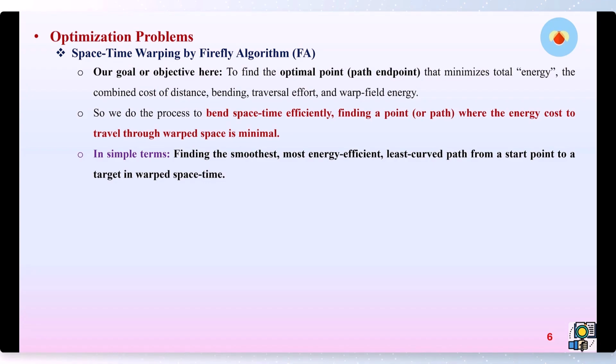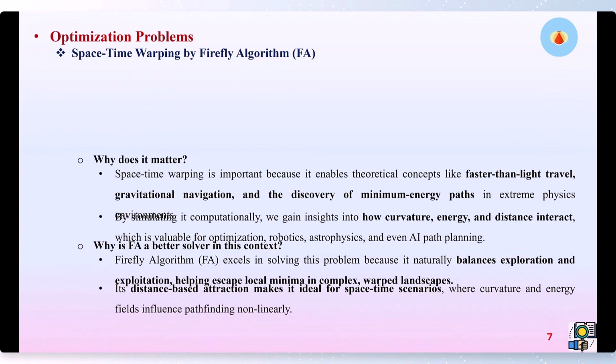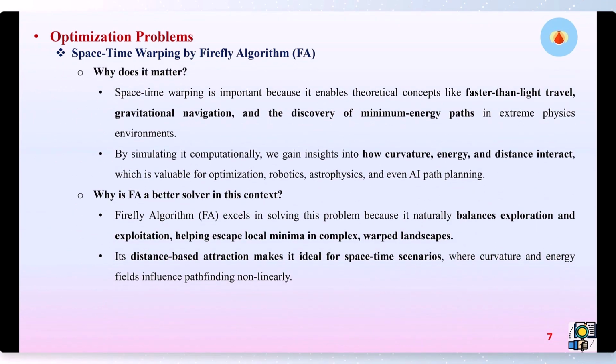So we do the process to bend space-time efficiently, finding a point or a path where the energy cost to travel through wrapped space is minimal. In simple terms, finding the smoothest, most energy efficient, least curved path from a start point to the target in a wrapped spacetime.